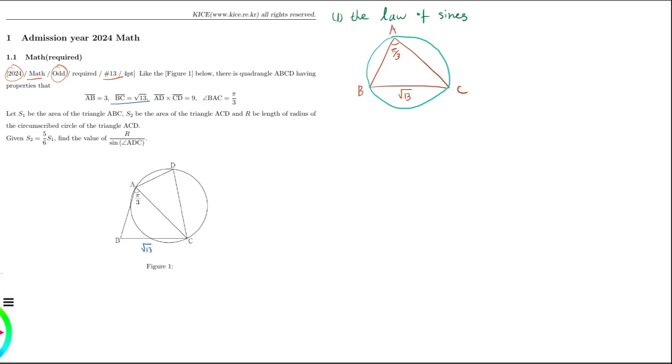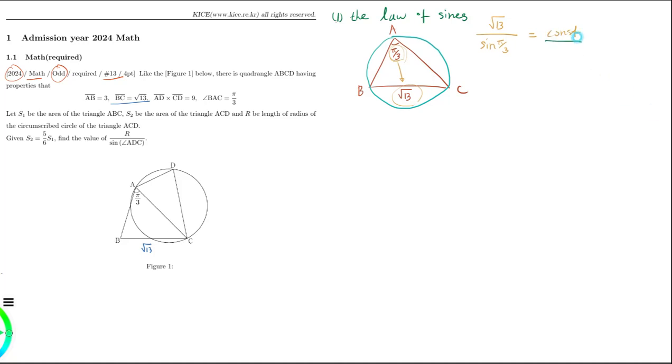The law of sines says that the ratio between the opposite side, square root of 13, over the sine of its opposite angle is always constant.